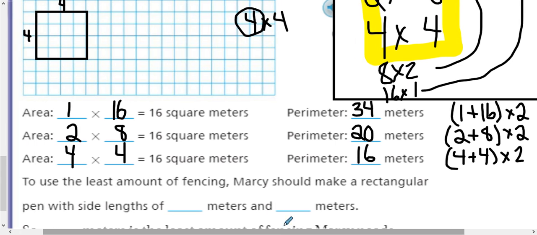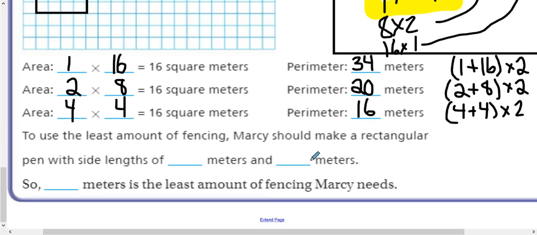Okay. So now we are left with, to use the least amount of fencing, Marcy should make a rectangular pen with sides of 4 meters by 4 meters. Okay, so 16 meters is the least amount of fencing.